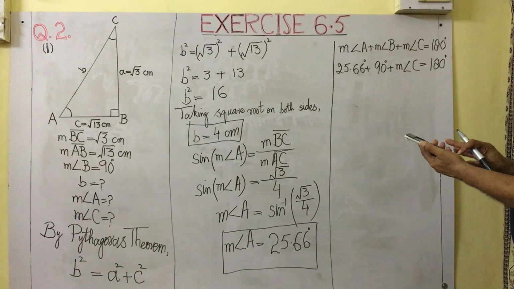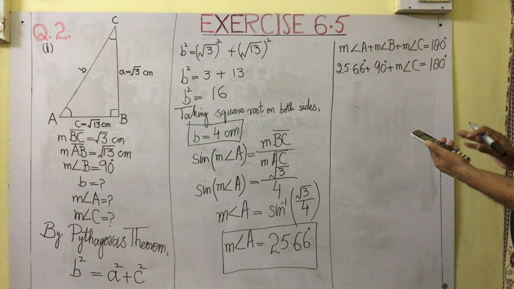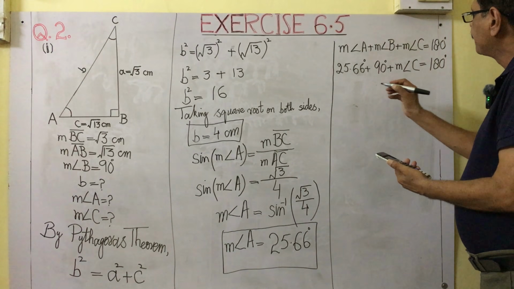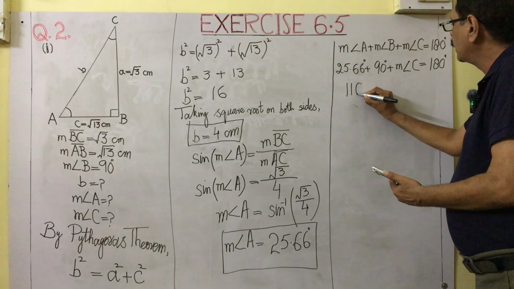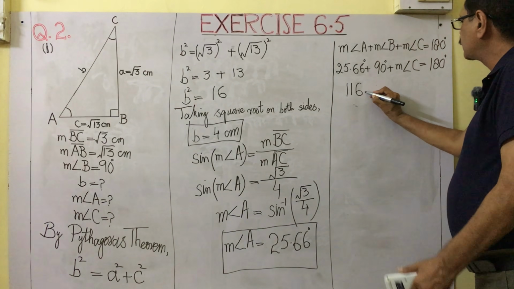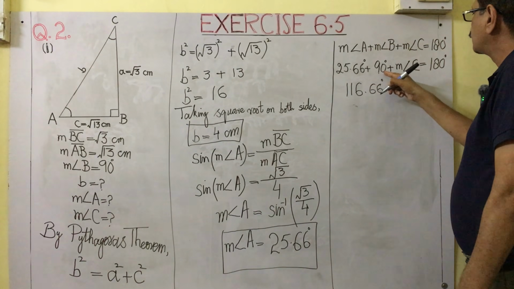25.66 plus 90 is 116.66 degrees, adding these two.